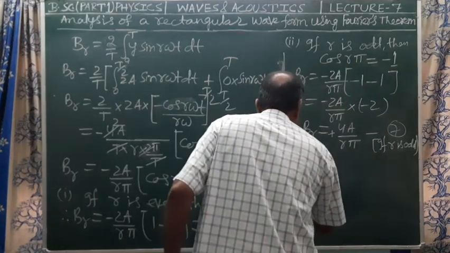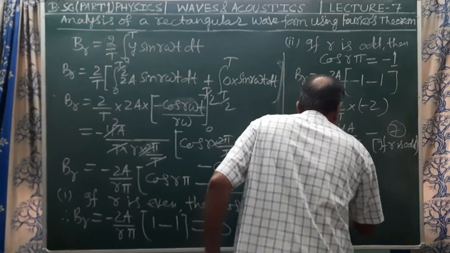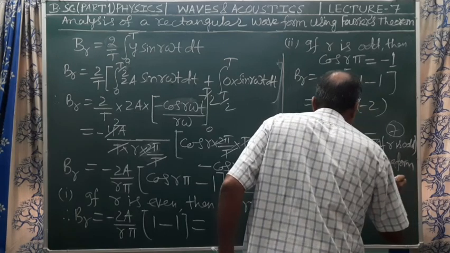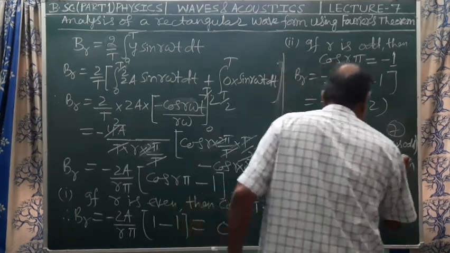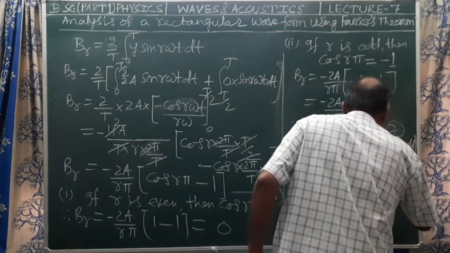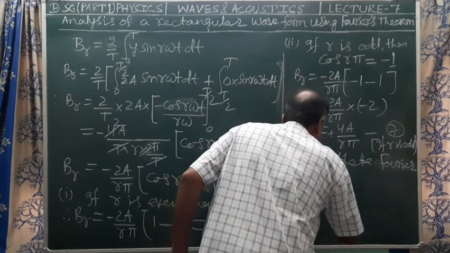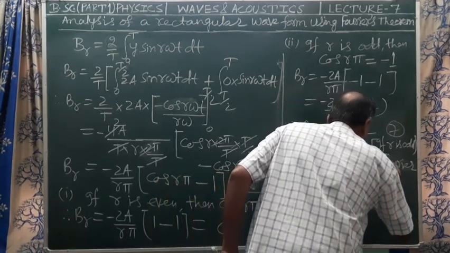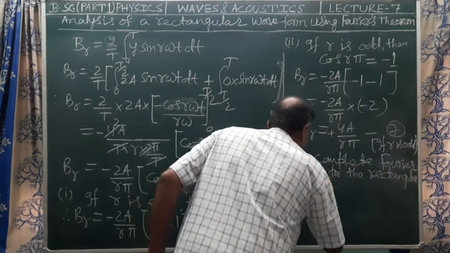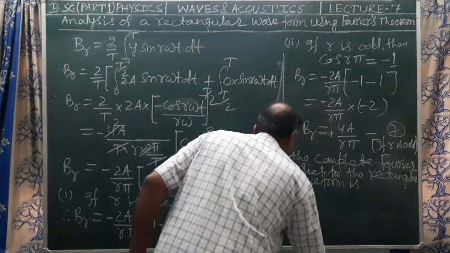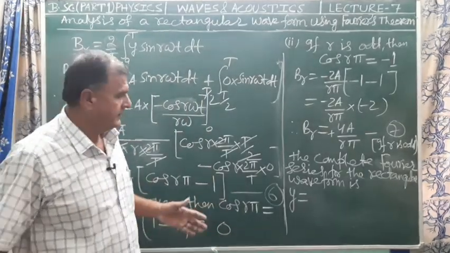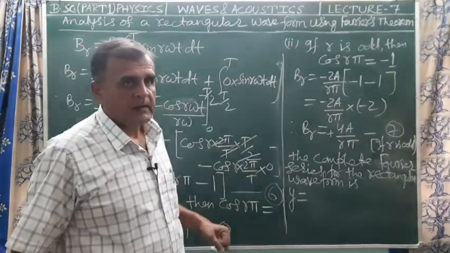So therefore the complete Fourier series for the given rectangular waveform is given by y equals, using equation number 3, the Fourier series we have already given.